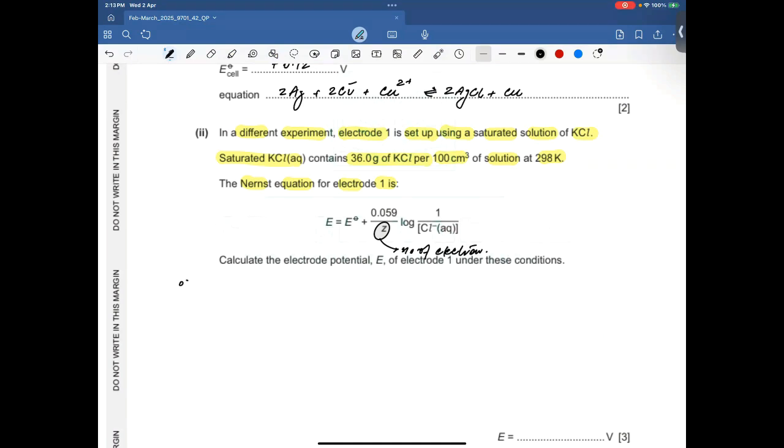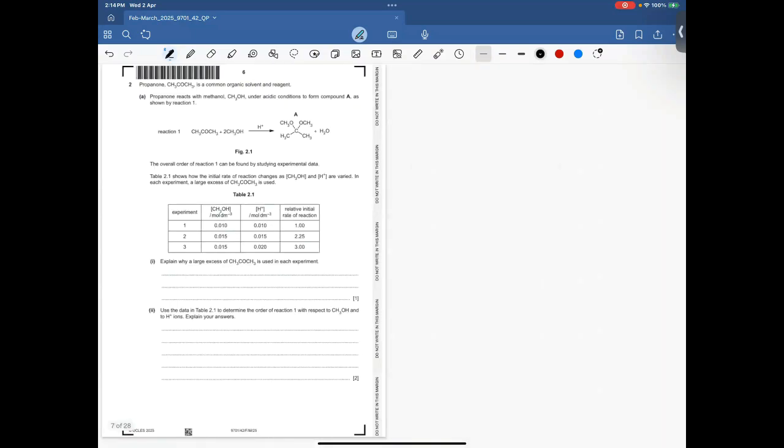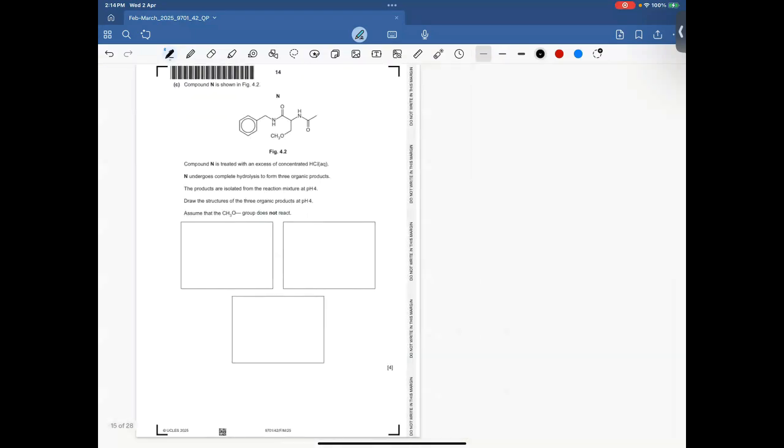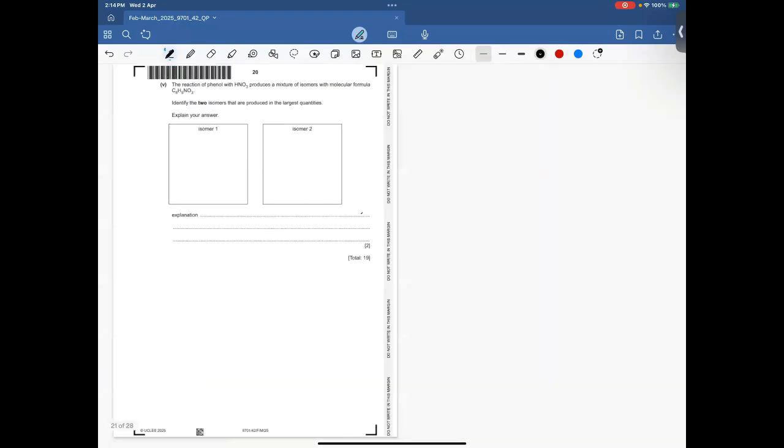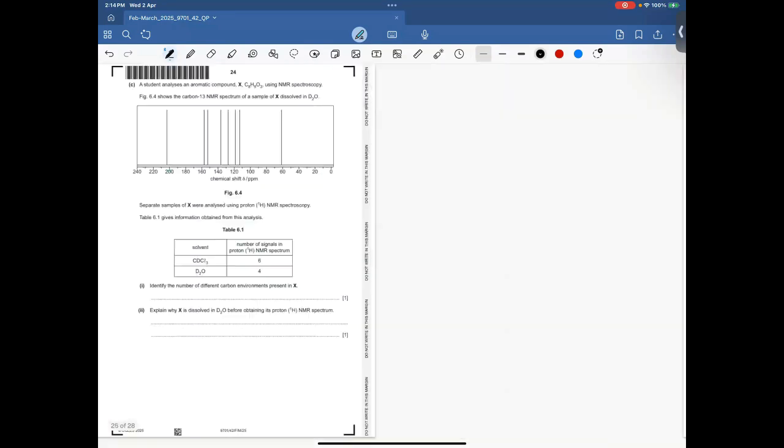First of all, find the moles of potassium chloride. So we have 36.0 gram of potassium chloride divided by the Mr of potassium chloride, which is 74.5. Let me check the exact value of potassium, 39.1.